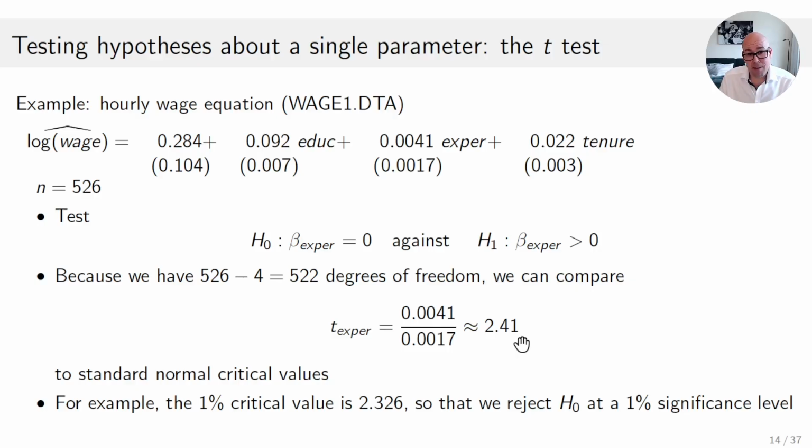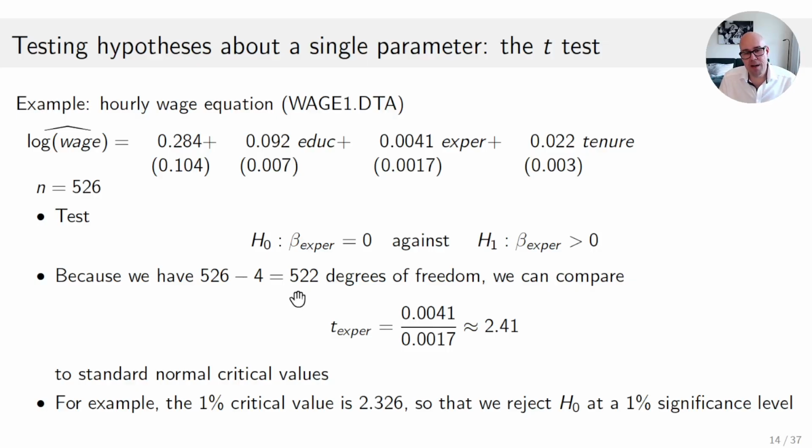So for the number of degrees of freedom, 522, the t-distribution is virtually identical to the standard normal distribution. So we can just look up the standard normal critical value. We want to have 1% significance here in this example down here.